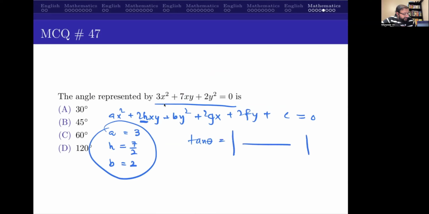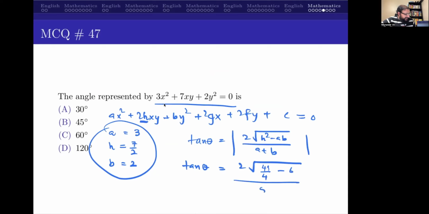Tan theta is equal to absolute value 2 square root of h square minus ab divided by a plus b. So we only need the value of a, value of b, and value of h. So tan theta is equal to 2 square root of h square, which is 49 divided by 4 minus a times b, which is 6, divided by a plus b, which is 5.